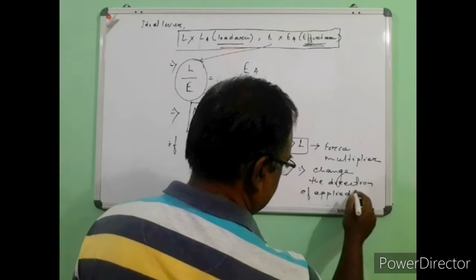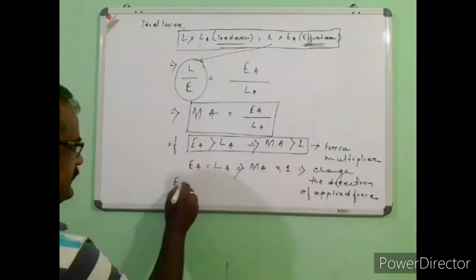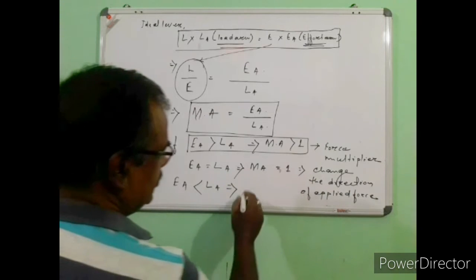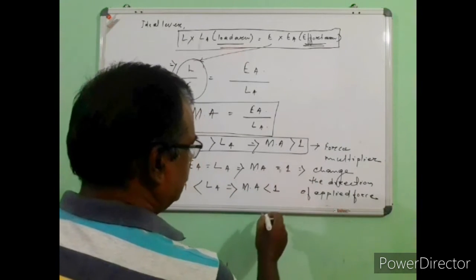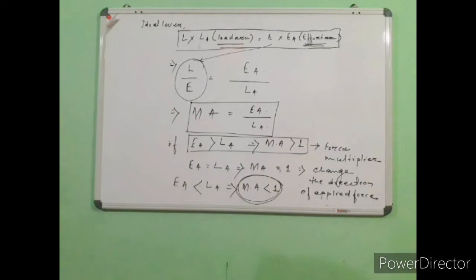Similarly, if effort arm is less than load arm, this implies mechanical advantage will also be less than 1, and this type of lever, in which mechanical advantage is less than 1, can be used to gain speed.